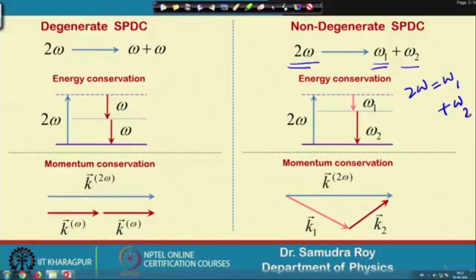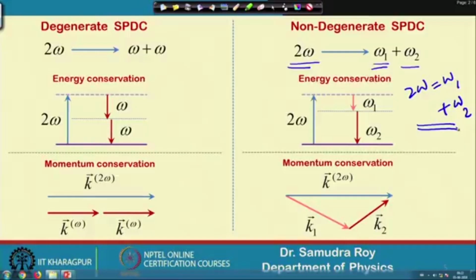So, this is the energy conservation or the energy diagram where we can see that a 2 omega photon is split to omega 1 and omega 2 photons, and readily you can find that the energy conservation is valid with this simple expression. And also for momentum conservation, it need not necessarily be the collinear kind of phase matching.